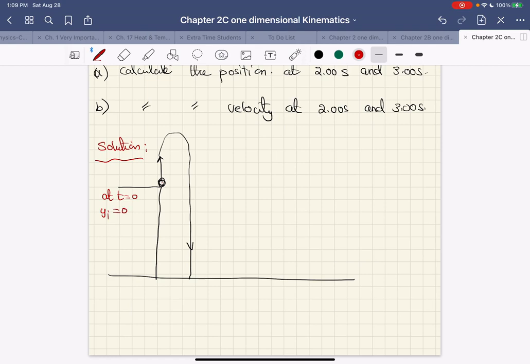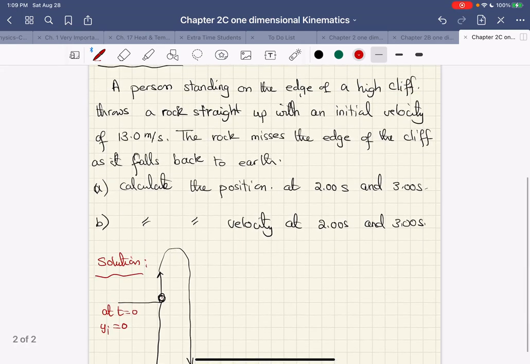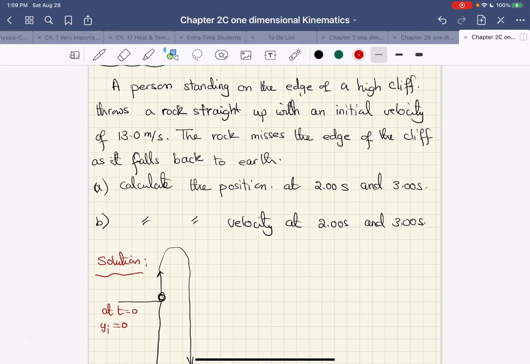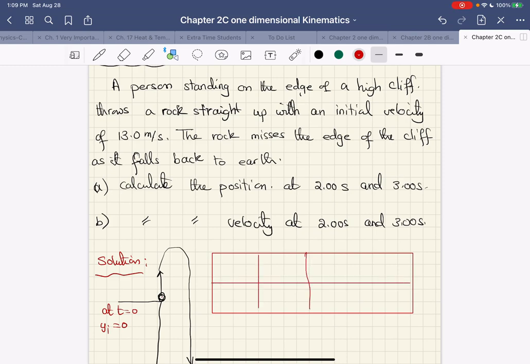And here I have V initial 13, and a negative 9.8.